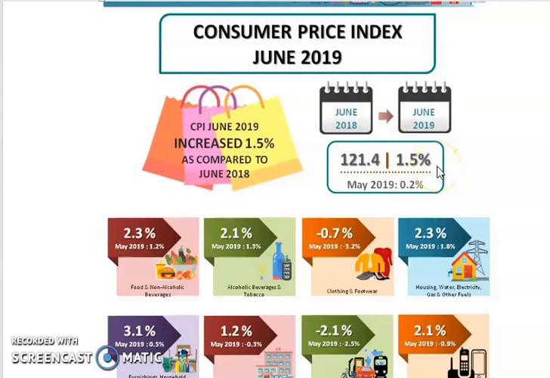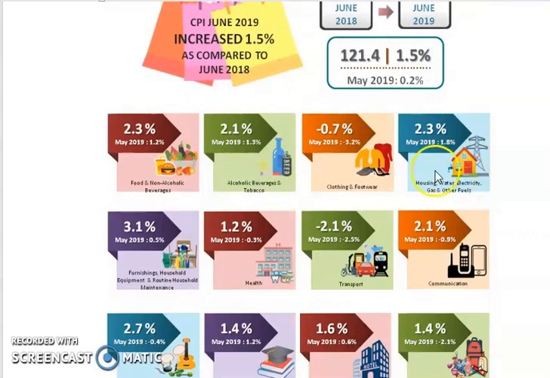So meaning to say that consumer price index in June 2019 is 122.9%. Okay, if you look at another example here, this is in detail. For food and non-alcoholic beverages, the consumer price index for this item increased by 2.3%.